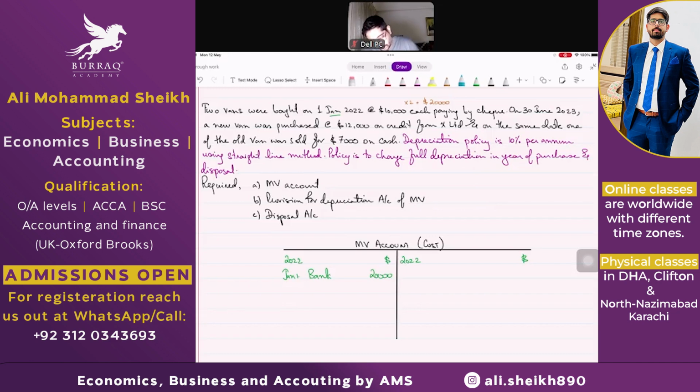The debit side total is $20,000, which should be equal to the credit side as well, December 31st. The accounting year in this question is ending on December 31st because the year starts on 1st January 2022. December 31st, balance c/d $20,000.